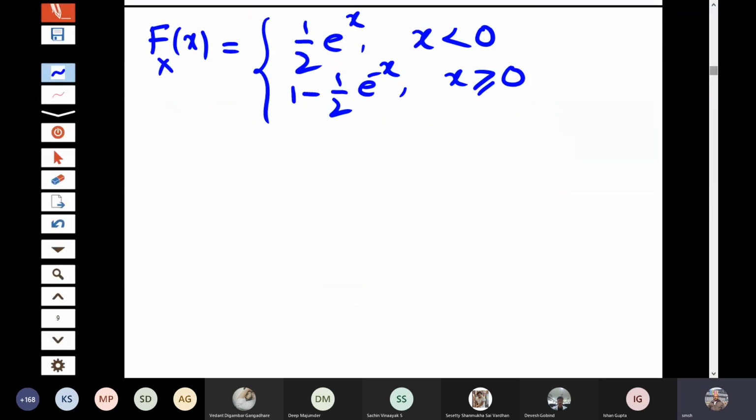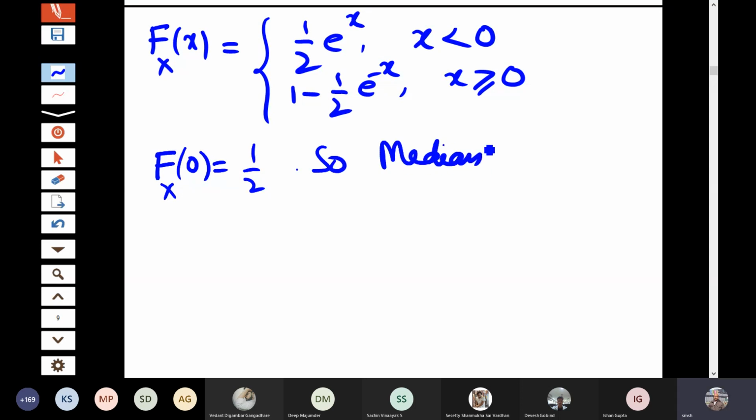So let us look at this median, for example. So when is this equal to half? That is equal to when x is equal to 0. So f of 0 is half. So median is 0. Suppose I ask you what is the first quartile here.